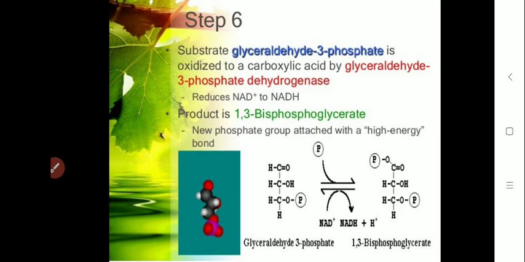Here this reaction occurs in two steps. In the first step, the oxidation of aldehyde to the carboxylic acid by NAD plus is carried out, and in the second step the joining of carboxylic acid and orthophosphate to form the acyl phosphate product is carried out.